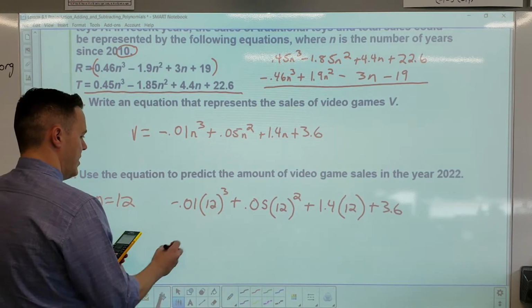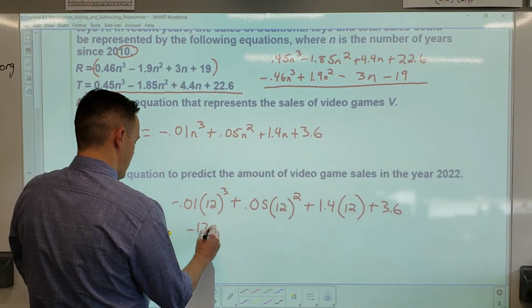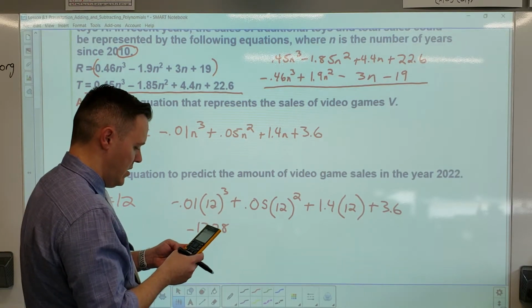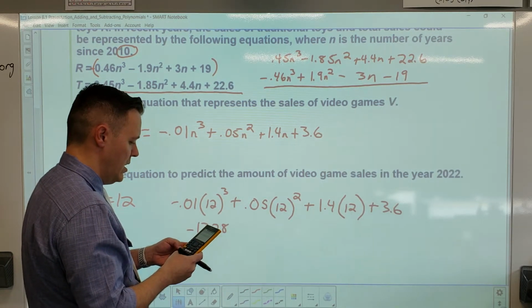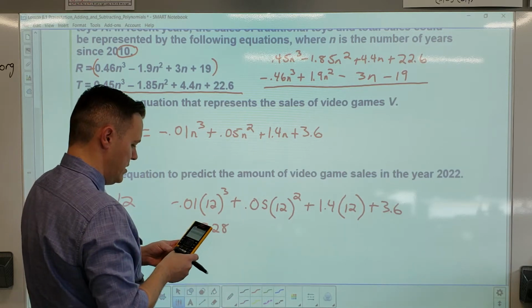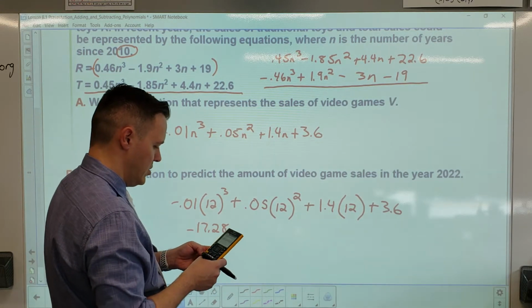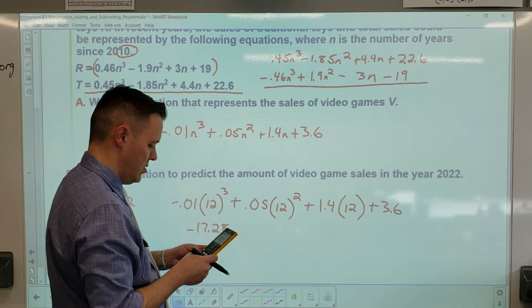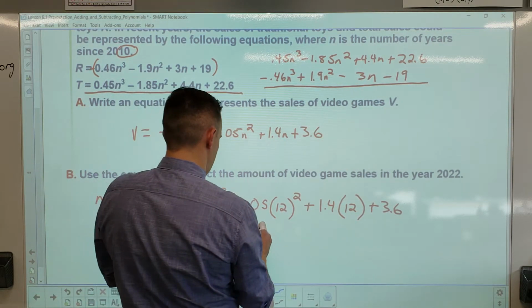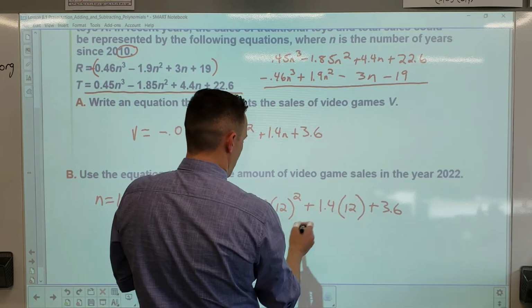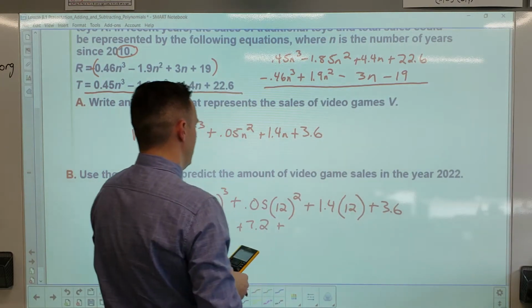So this is negative 17.28. Okay, and then if I multiply 12 to the power of 2, and then times that by 0.05, you get plus 7.2. And then if you multiply this out, you guys get the drift.